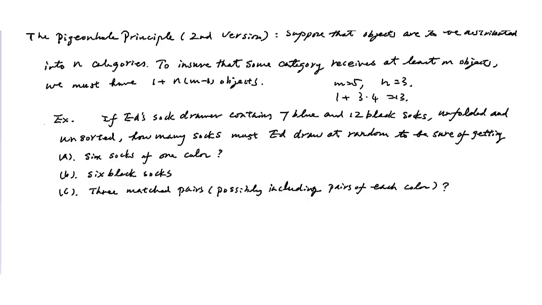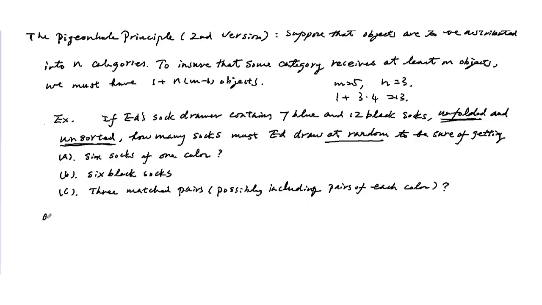Here, unfolded and unsorted just means when Ed draws from the drawer, it will be random, a completely blind draw.